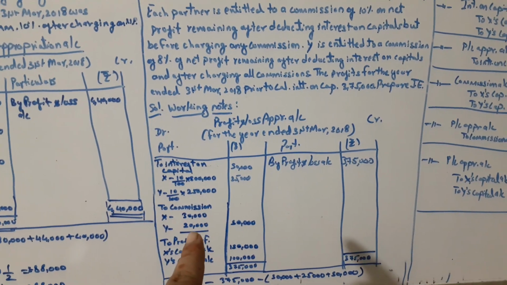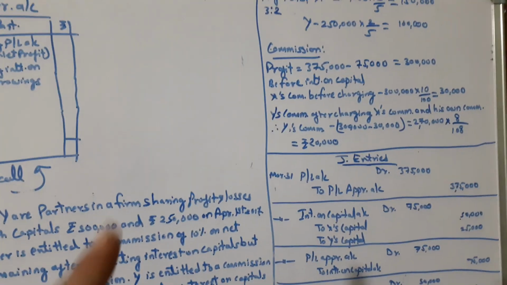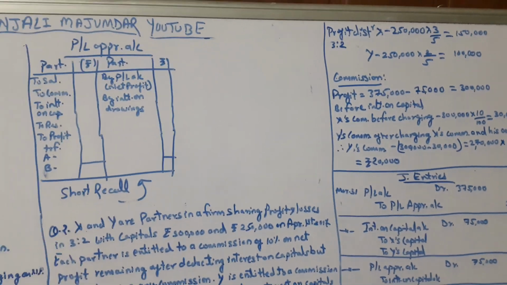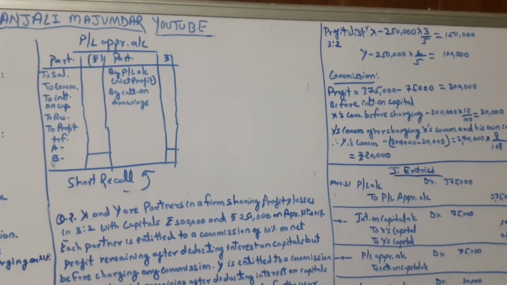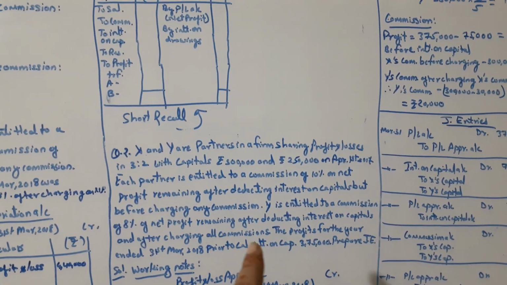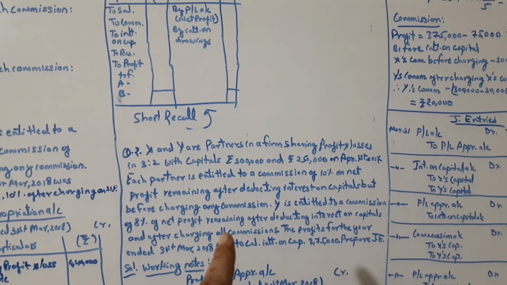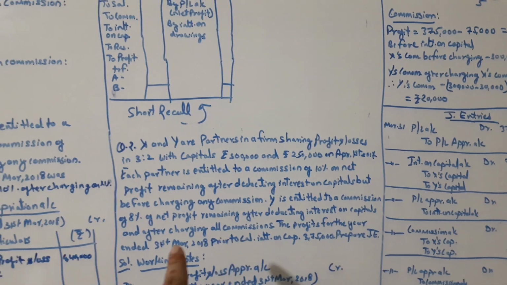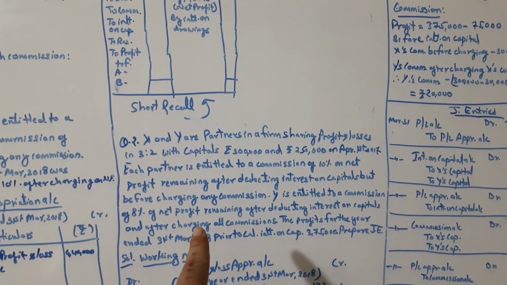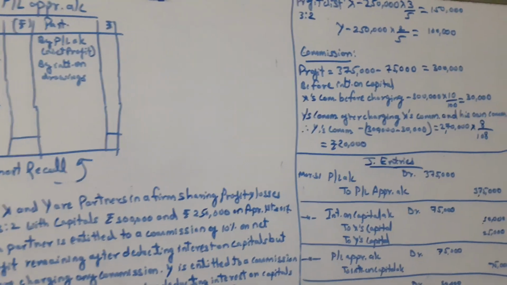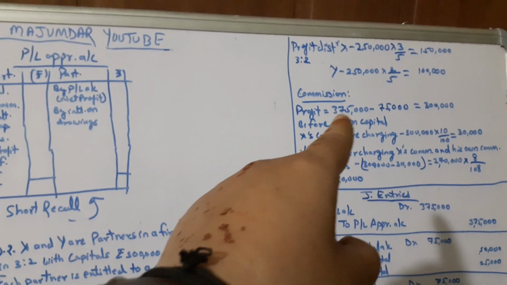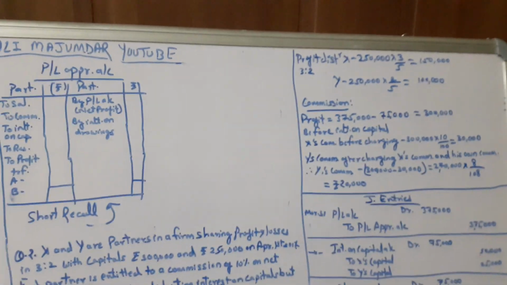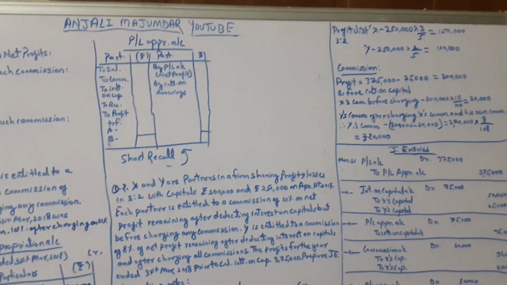So remember, for the calculation of commission, what I did here, first of all, I deducted interest on capital from the profit, because it is mentioned in the question clearly that commission should be calculated after deducting interest on capital and after charging all commissions. That means all commissions should also be deducted and interest on capital should also be deducted. Therefore we deducted from the total net profit 3,75,000, first the interest on capital which is 75,000.